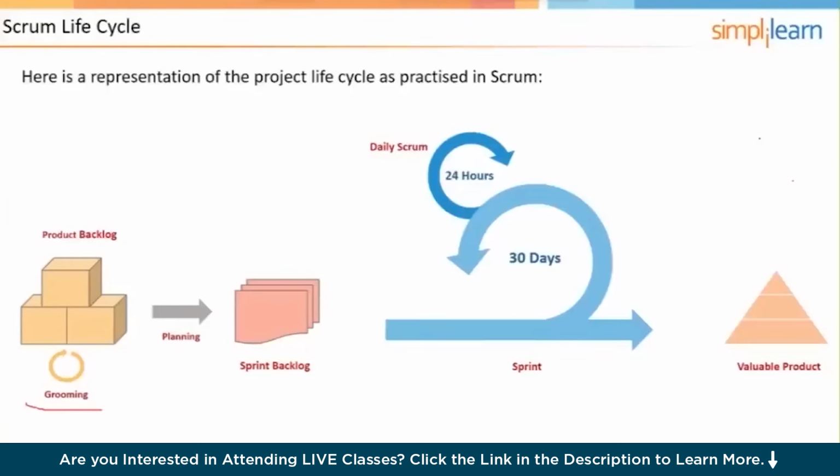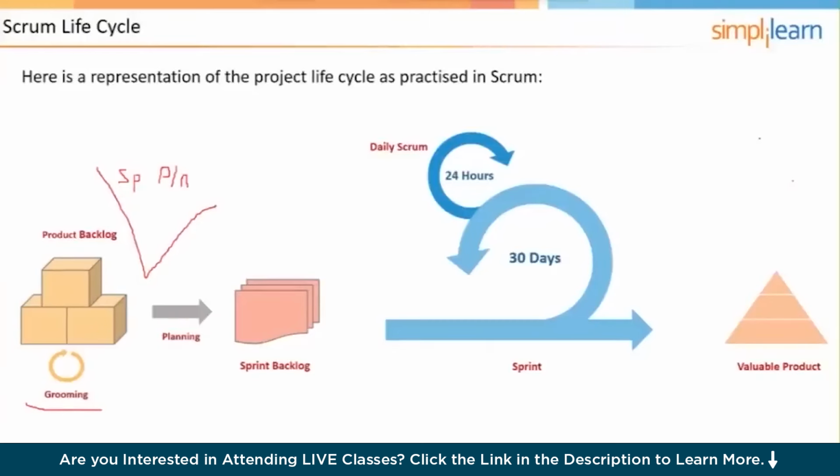Now, there is a meeting that takes place right here, which is called the Sprint Planning Meeting. Can I just do SP here? Sprint Planning Meeting. Okay, that is one of the ceremonies or events that takes place in Scrum.